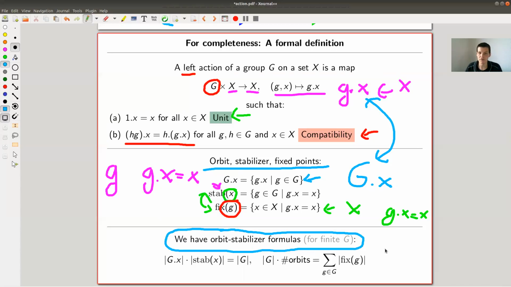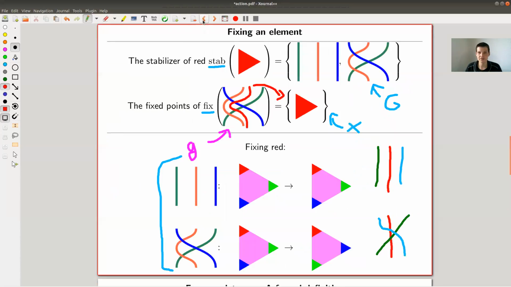They work for a finite group and a finite X as follows: the order of the orbit times the order of the stabilizer is the order of the group. Okay, so let's see. The stabilizer of red is 2, so the order is 2.